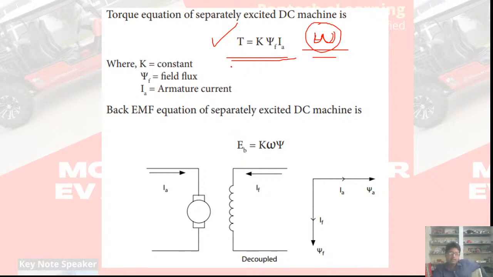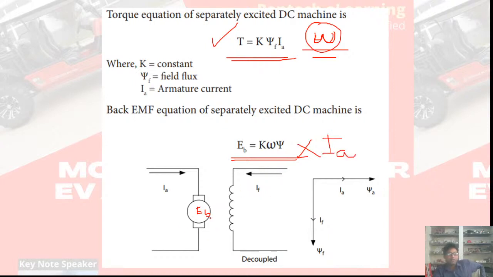And another interesting thing for back EMF, for separately excited DC machine, that back EMF is independent of armature current.